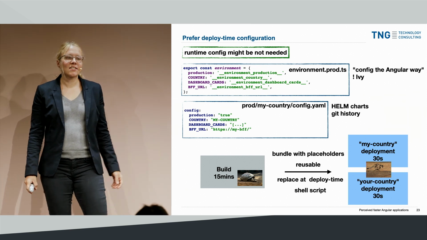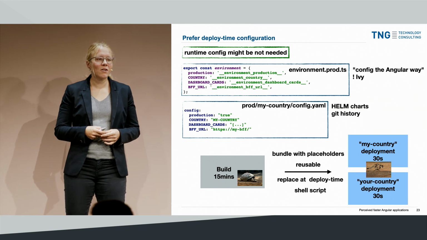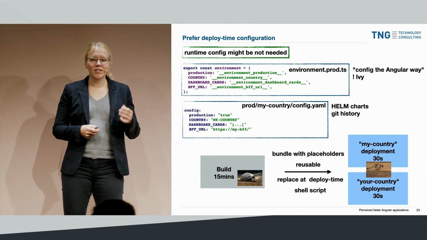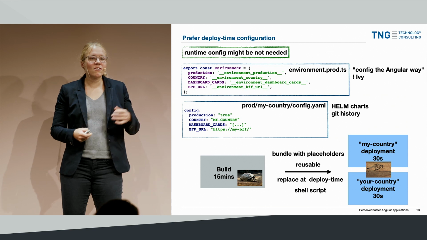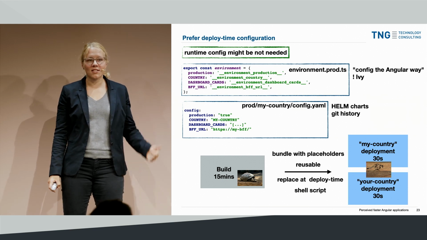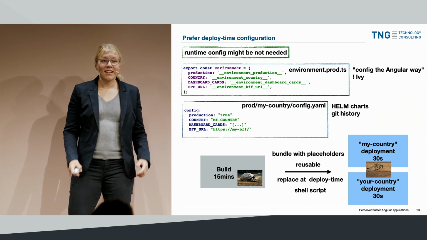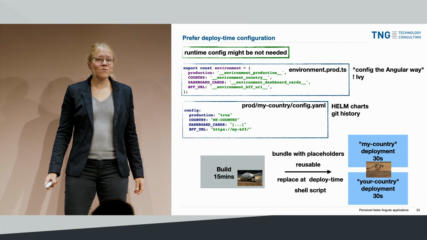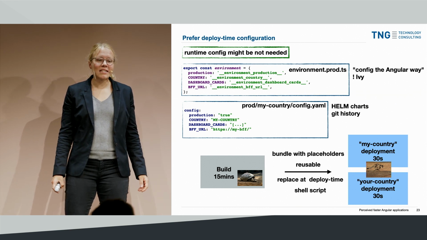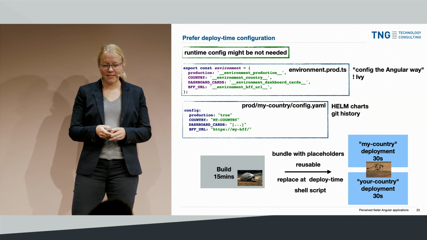So this gives us the chance to avoid runtime configuration and go with deploy time configuration, because if I change these values in our Helm charts, I can recreate the application within a minute and have the updated values.